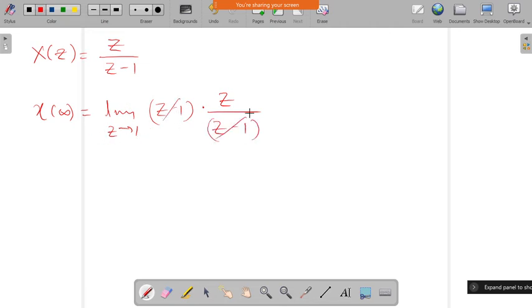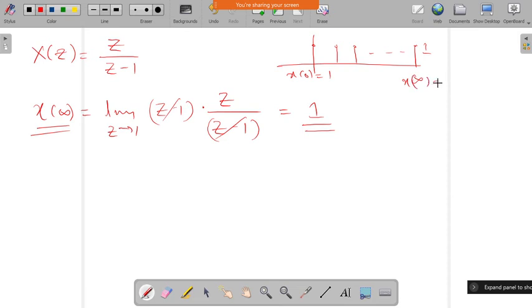If I apply z tends to 1, you are going to get the value 1. So x(∞) is also 1, which is true for our unit step function. So the initial value is also 1 and the final value is also 1.